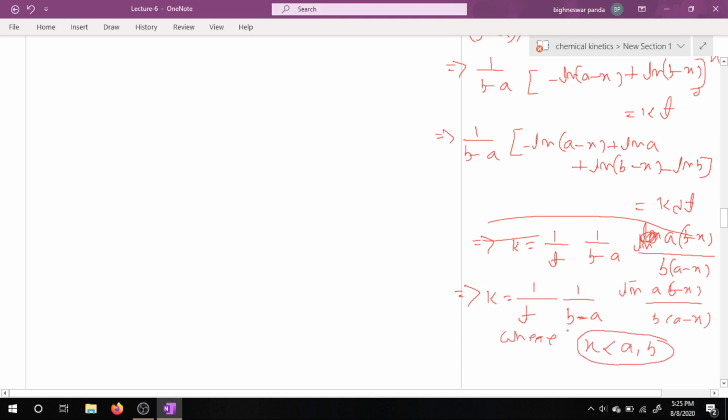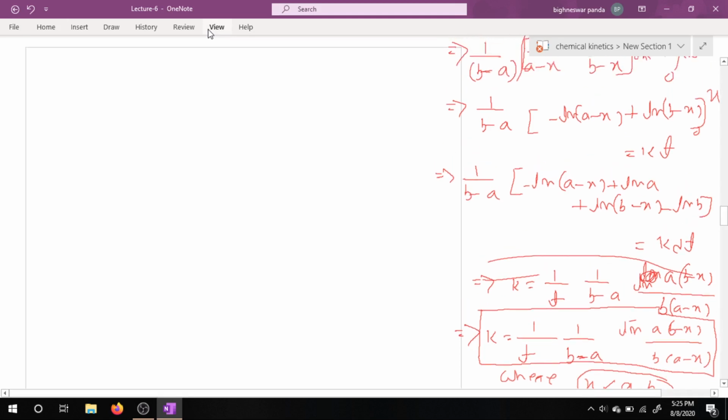So this is the derivation for second order kinetics, that is of case 2a, where the initial concentrations of a and b are different. But here another question arises.